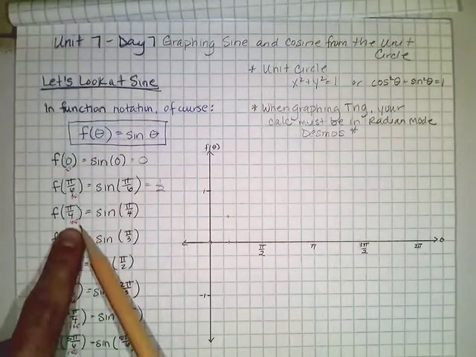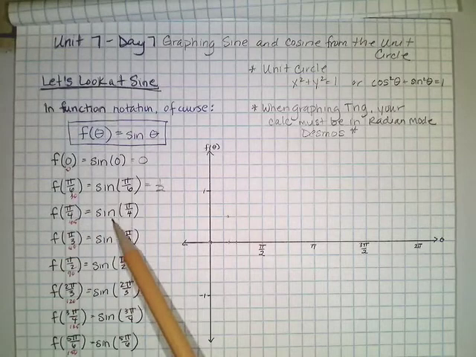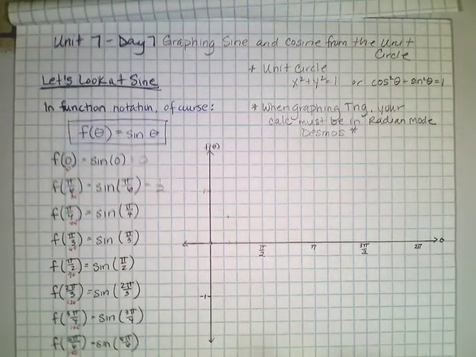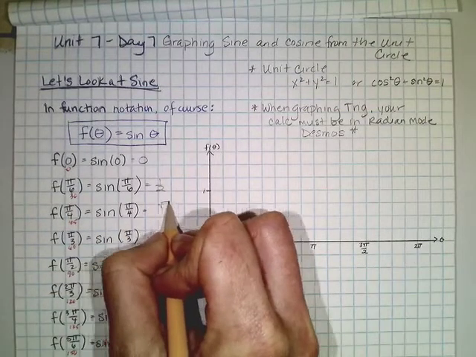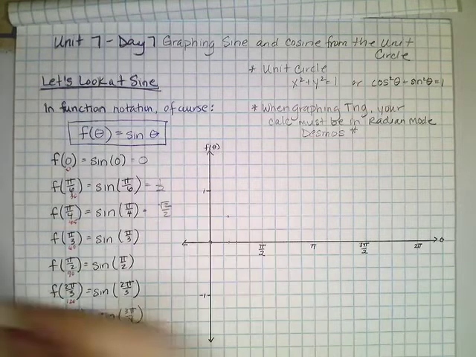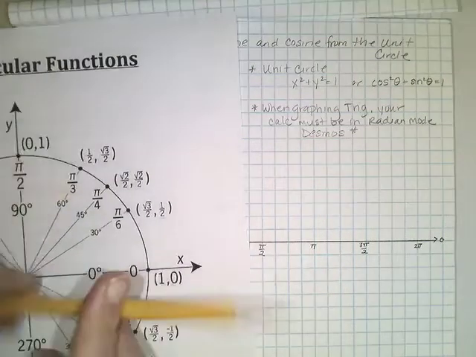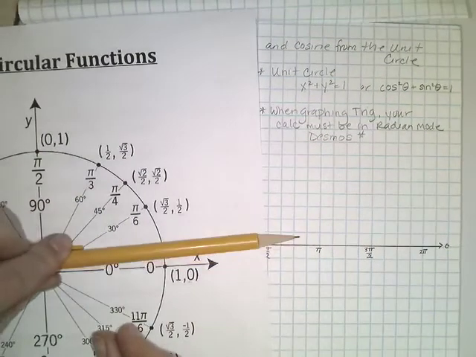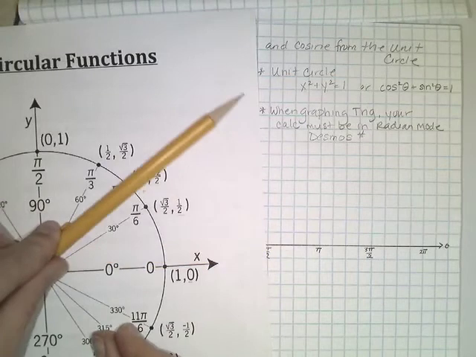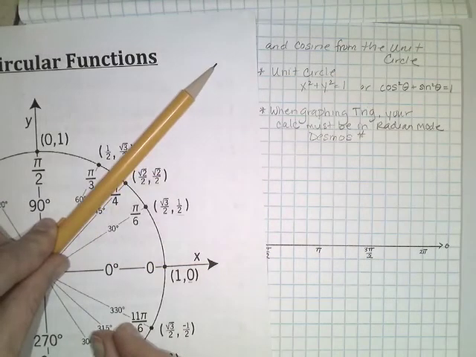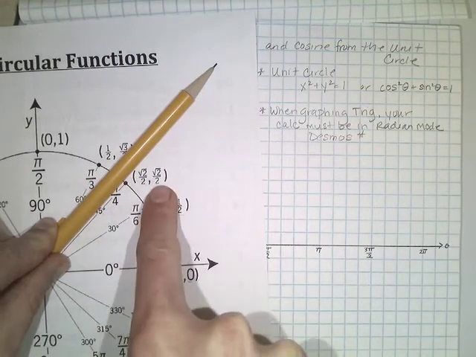Pi over 4, your 45 degree angle, sine of pi over 4 is square root of 2 over 2. As the angle rotates in the positive direction, counterclockwise, I'm looking for the y coordinate.